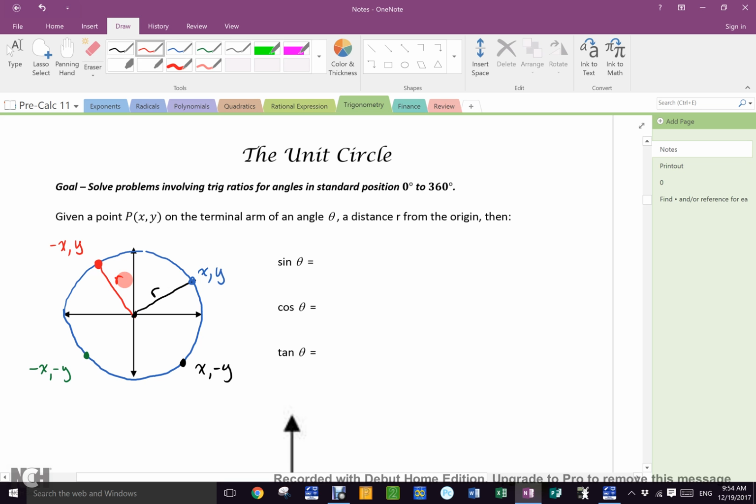That's also R. What is that one? Also R. What is that one? Also R. Does everybody understand every part of this circle that I have drawn?